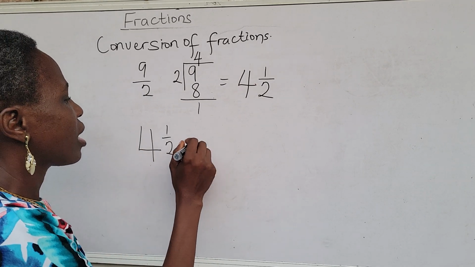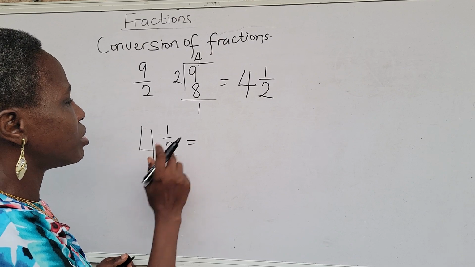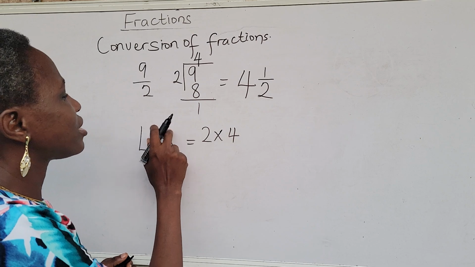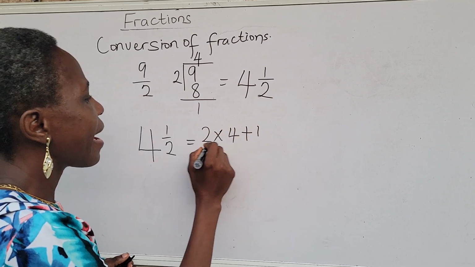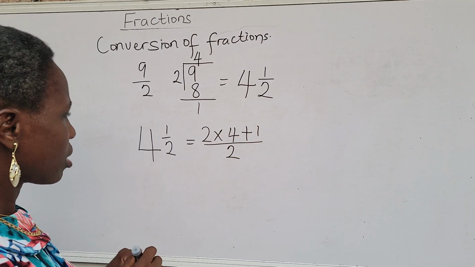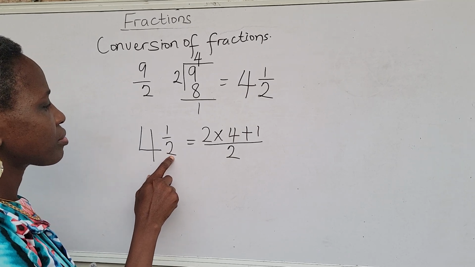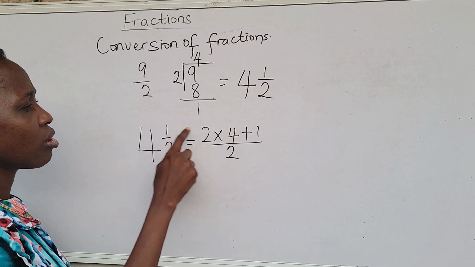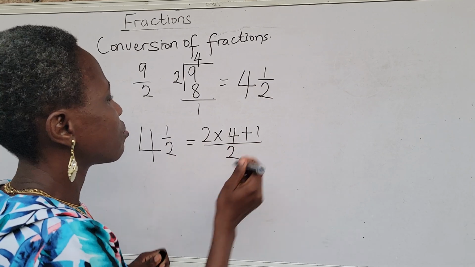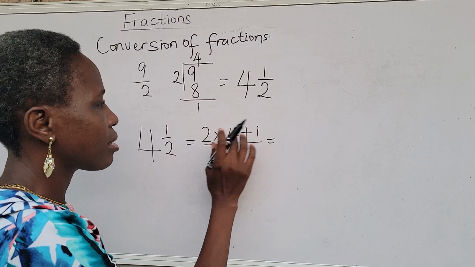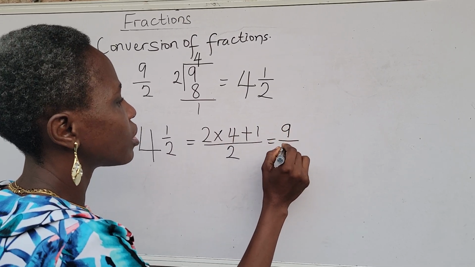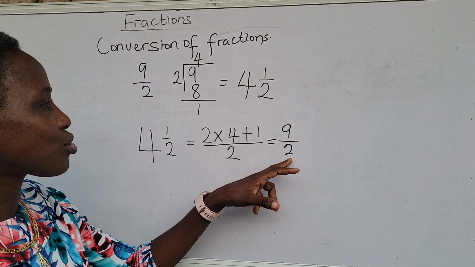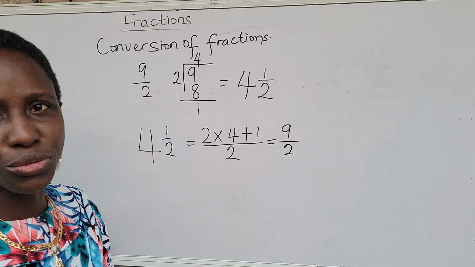I multiply the denominator by the whole number, add the numerator, and put everything over 2. So we have 2 times 4, 8, plus 1, 9 over 2. As you can see, we have our 4 and a half back to 9 over 2.